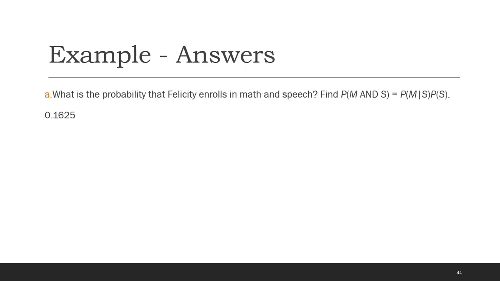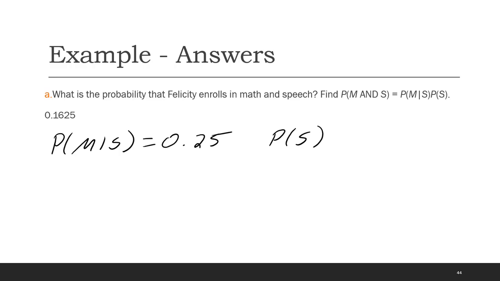So we want to know what is the probability that Felicity enrolls in both math and speech, and we've been given a hint here that to find the probability of M and S, this is going to be calculated as the probability of M given S times the probability of S. So remember, we were just told that the probability of M given S is 0.25, and the probability of S is 0.65.